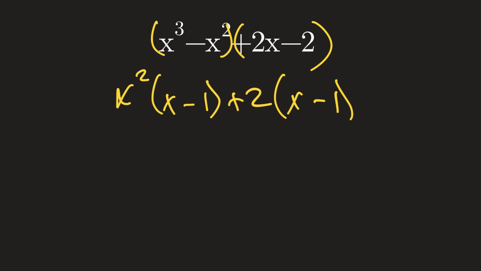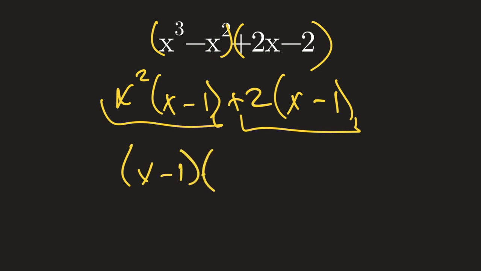Do we have 2 identical sets of parentheses? Yes. What's common in both these terms? X minus 1. And what's left over if we take them out? There you go. So you're seeing it now. Factor by grouping.